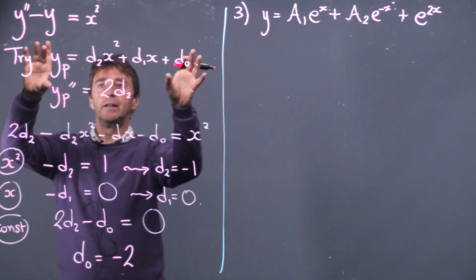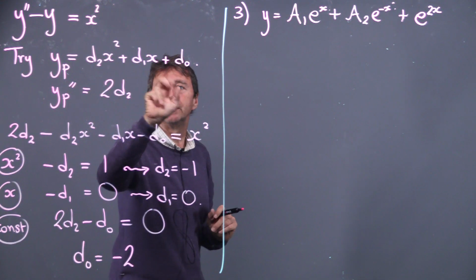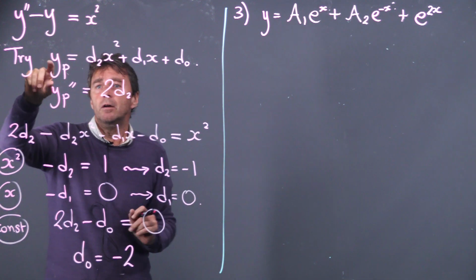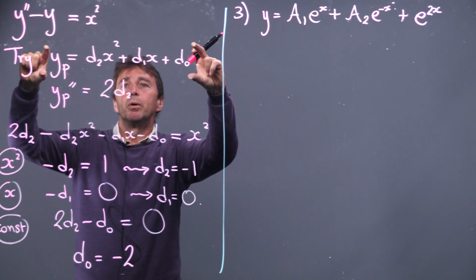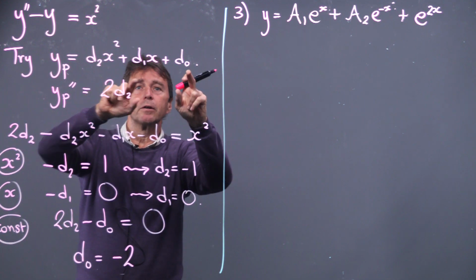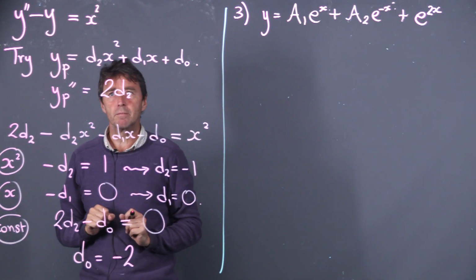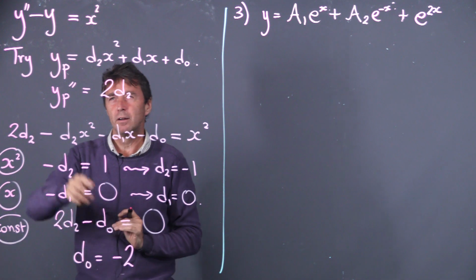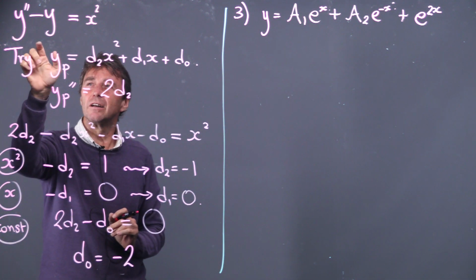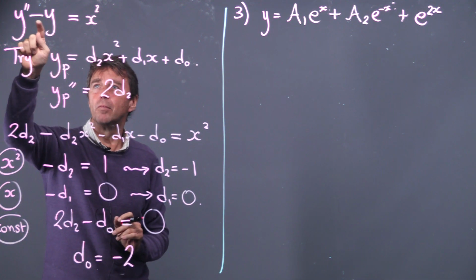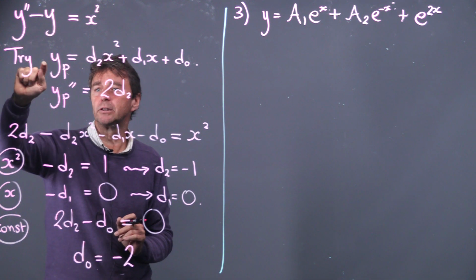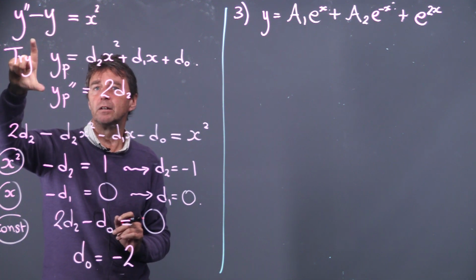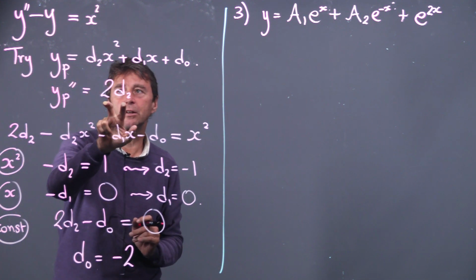You can sort of easily see why it turned out that we didn't need the d1 here. This is the original polynomial, which has got a quadratic, a constant, and a linear term. Right? There's no constants or linear terms on the right-hand side. On the left-hand side here, not only do we have minus the particular solution, but we've got its second derivative. Now, when we differentiate a quadratic, we just get a constant.